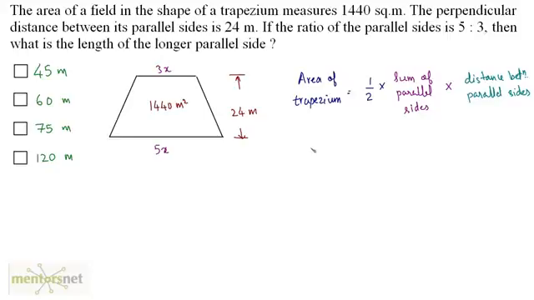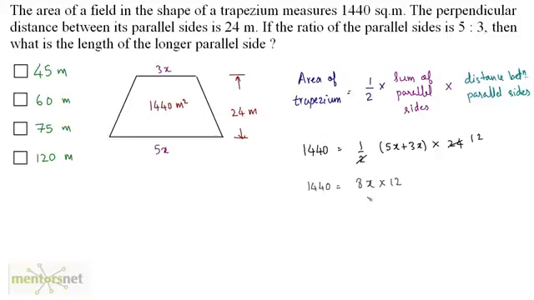So the area 1440 is equal to half into the sum of parallel sides, that's 5x plus 3x, times the distance between the parallel sides, that's 24. So 2 times 12 is 24. Now 1440 is equal to 5x plus 3x, which is 8x, times 12.